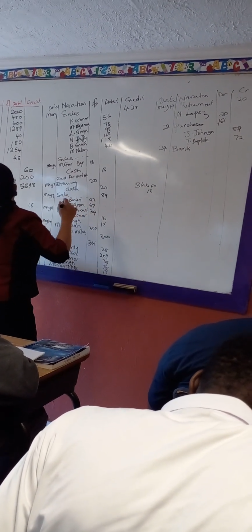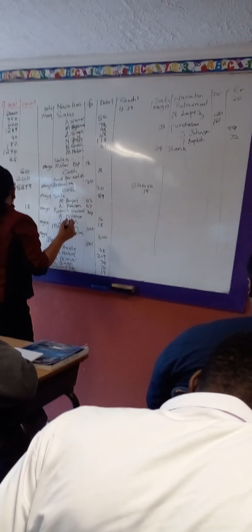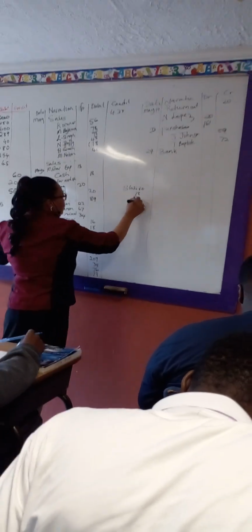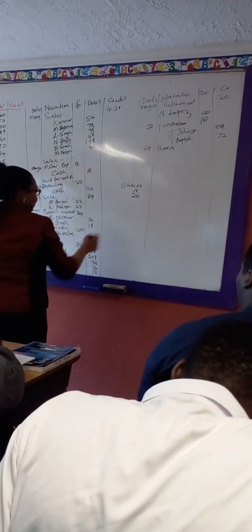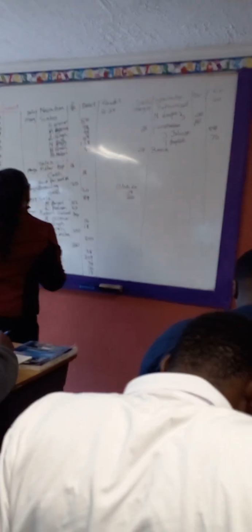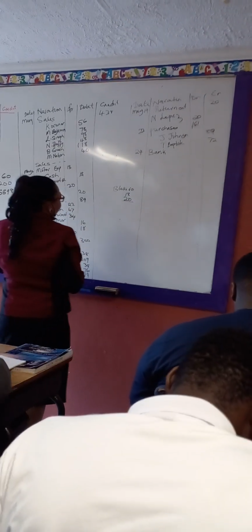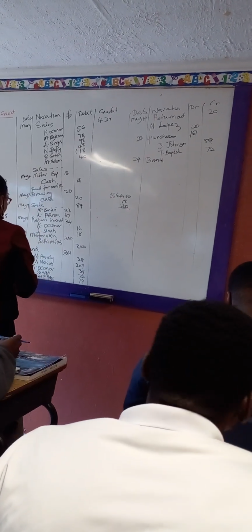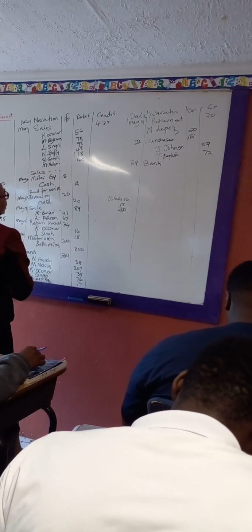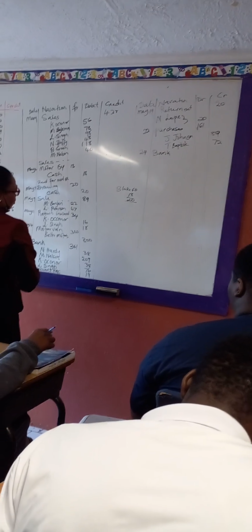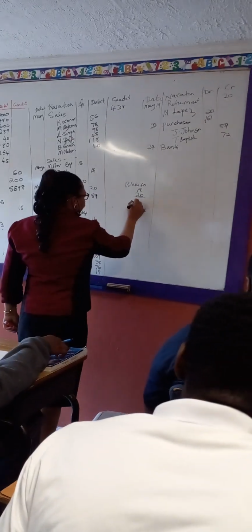No, Blake for $20. So that makes it a total of 38. Was he anywhere else? Okay. So we owe Blake $38. What is the discount? What percentage? 5%. What is 5% of 38?